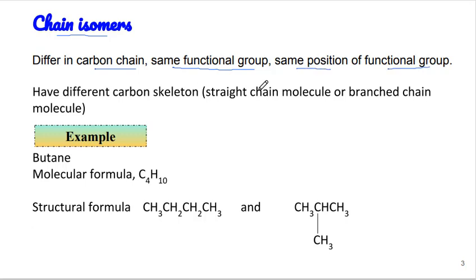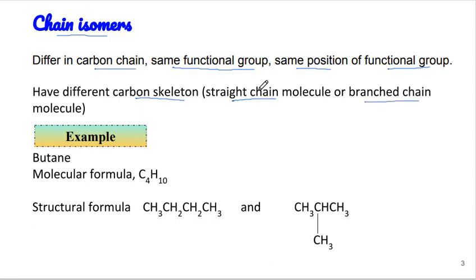Okay, so dia tak effect. Just kalau dalam chain isomer, apa yang effect adalah carbon chain tu sahaja. Okay, alright. Okay, so they have a different carbon skeleton. Okay, so chain isomer ni biasanya dia melibatkan straight chain dengan branch lah. So kita akan tengok macam mana nak buat chain isomer.